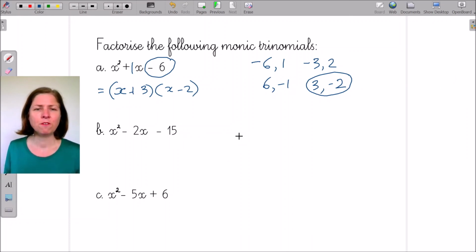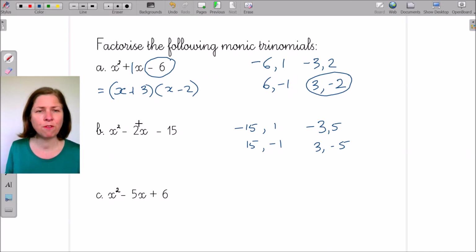So let's do this one. Here I've got negative 15. So negative 15 times positive 1, or 15 times negative 1. Or it could be 3 and 5. So that's negative 3 times 5, or 3 times negative 5. I've now listed all the factor pairs of negative 15, and I need to find out which of those pairs adds up to not 2, but negative 2, because that's what I've got here as my coefficient of x.